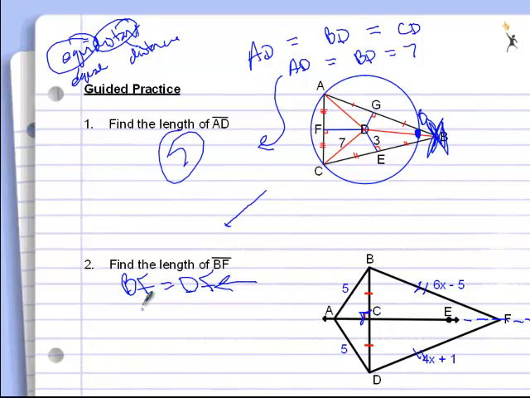Now I'm going to substitute in those values and find out if these two sides are the same. Well, BF is 6x minus 5, and it should equal DF, which is 4x plus 1. Now I need to solve this and say if x equals something, then BF equals DF.